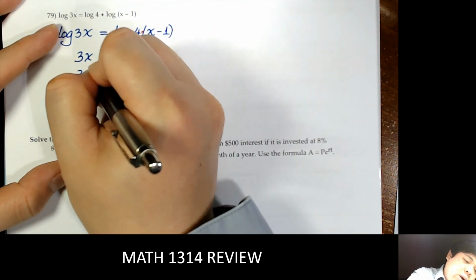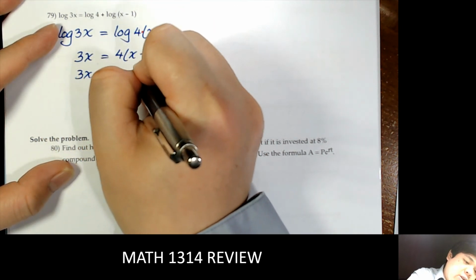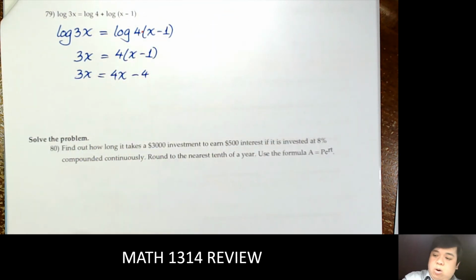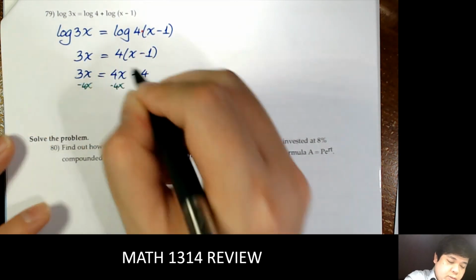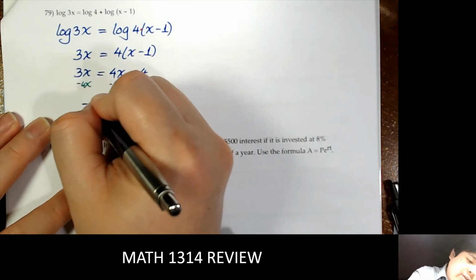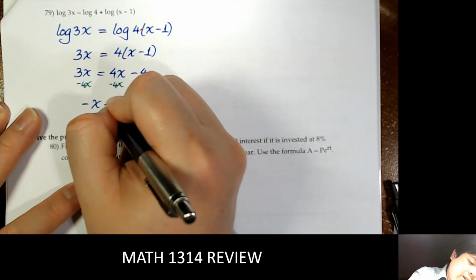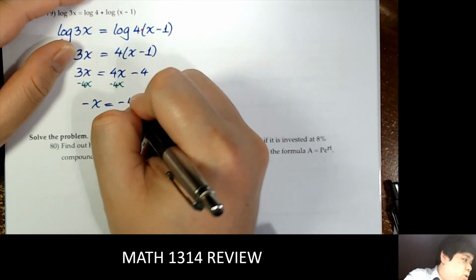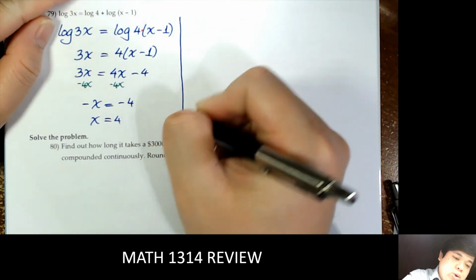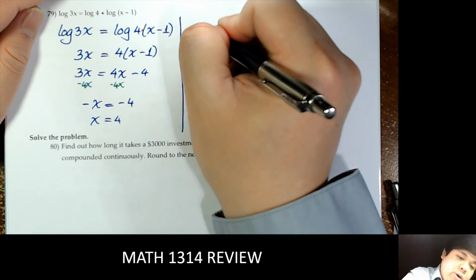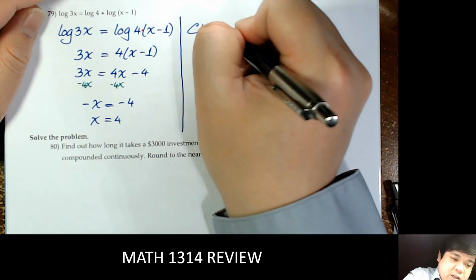So multiply it out for x minus 4, move the 4x over. So we have negative x equal to negative 4, so x equals 4. Now we just need to make sure that all the arguments of all the logs are positive.